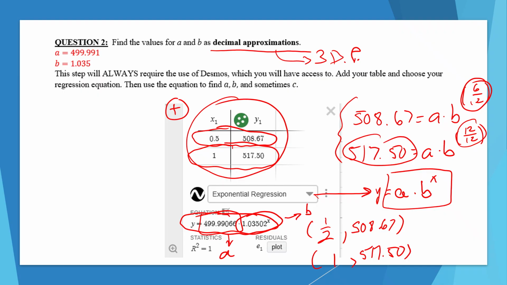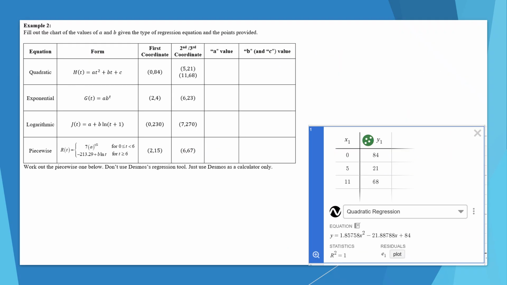Right, so let's go through a few examples. Filling out this table, fill out the chart of the values of A, B, and sometimes C in a quadratic form, given a certain number of coordinates and then the form of the equation. So for quadratic, what I would do is create a table, enter these 3 points verbatim, and then hit this drop down and look for quadratic regression. Make sure that you do not accidentally hit quartic or linear. A lot of students did that on the semester summative.